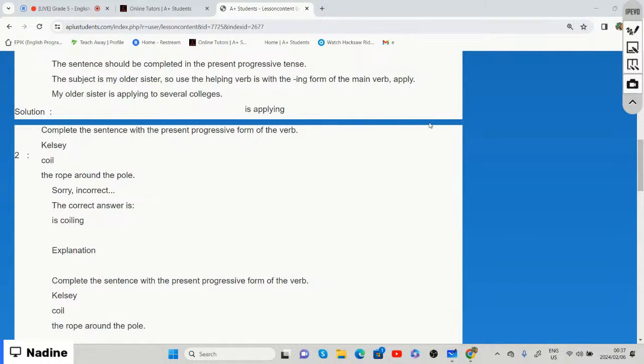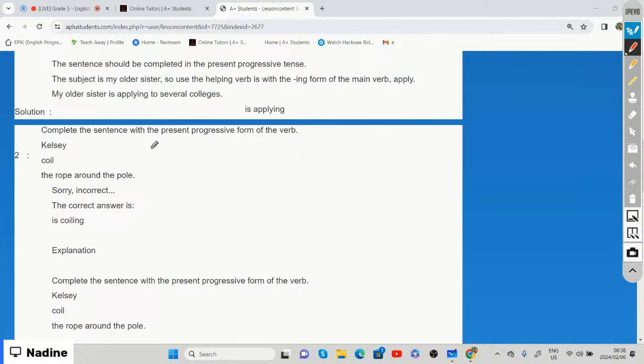So we say Kelsey coiled the rope around the pole. So we then have to say Kelsey. Let me actually write it over.